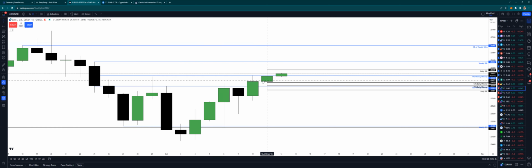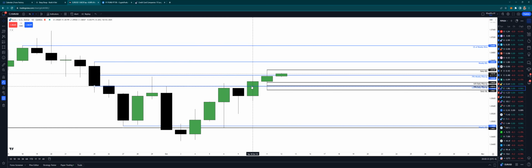But here's where things started to turn against me. When we got up into these PD arrays, as I expected the dollar to start pushing bullish off of its discount arrays to the downside, I expected Euro USD to start pushing bearish off of its weekly PD arrays.